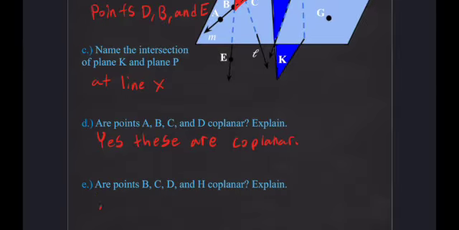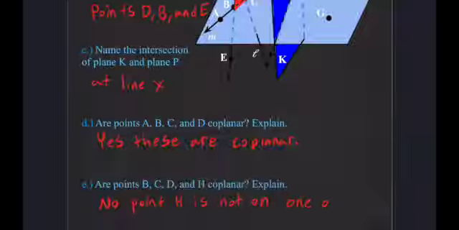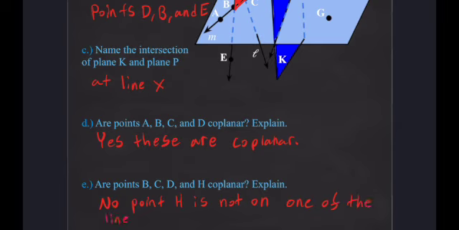So we say no, point H is not on one of the lines connected to the plane.